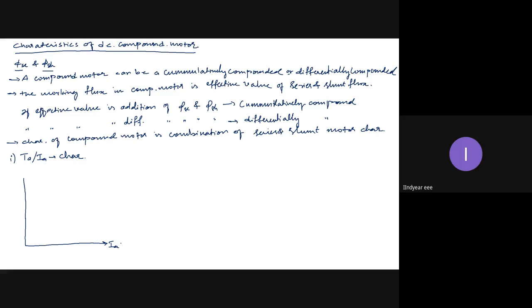So let this be IA. This is T. First, I will draw the shunt field characteristic. We know the torque is linearly varying with armature current in shunt motor.